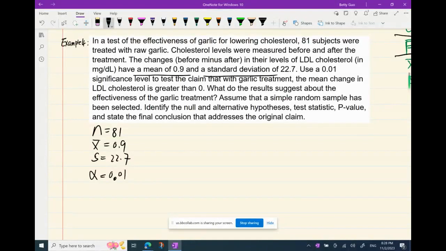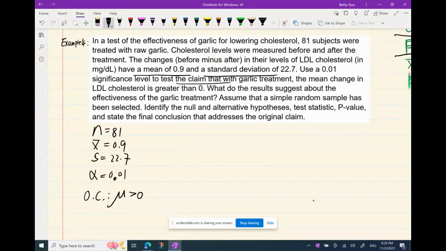To test the original claim: with garlic treatment, the mean change is greater than 0, so the original claim is mu is bigger than 0. What do the results suggest about the effectiveness of the garlic treatment?